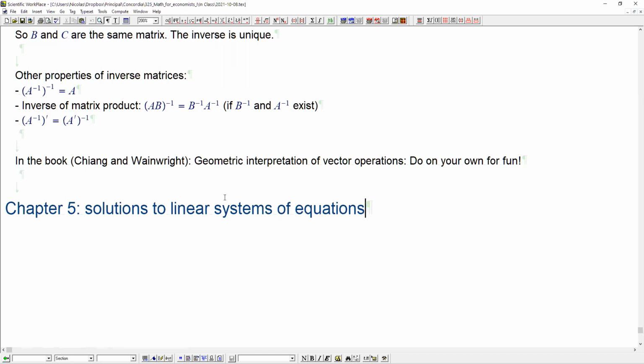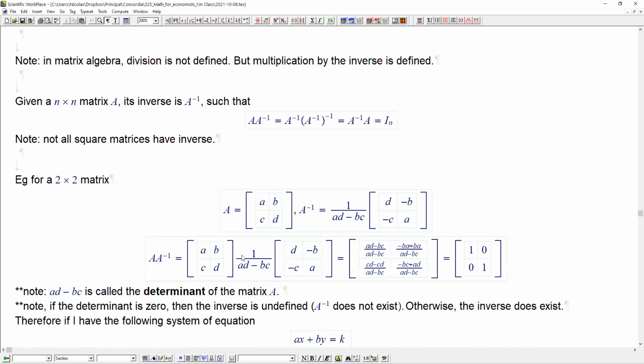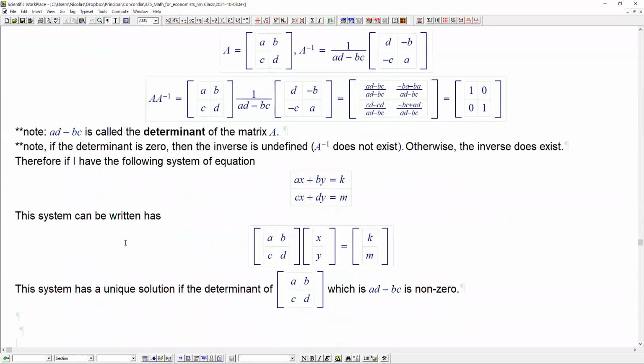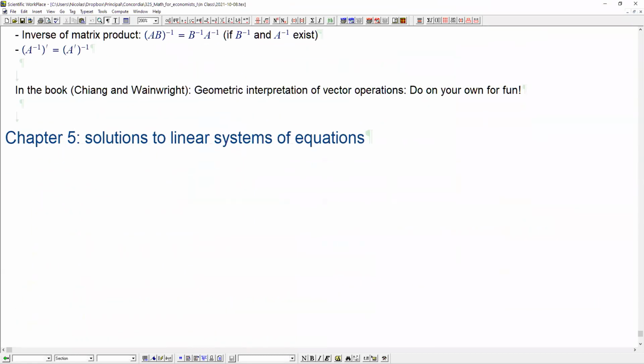Now we're going to see more precisely what the determinant is, how you find the inverse of matrices, all these good things.